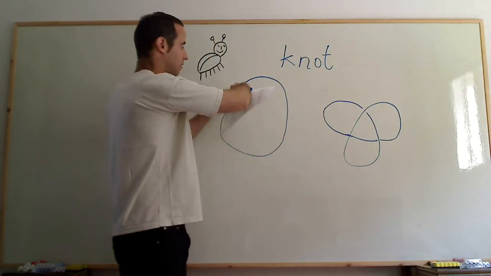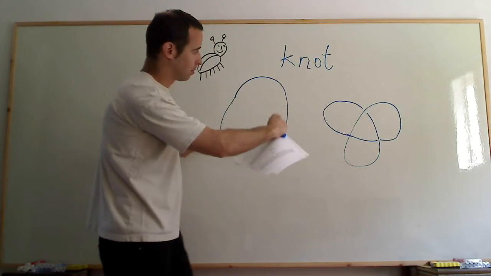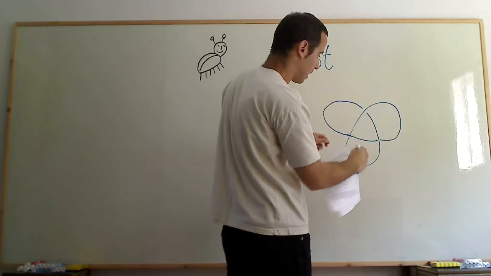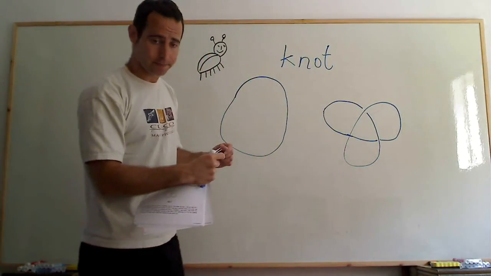We took this line, we disconnected it, we made a knot, and we tied it again.